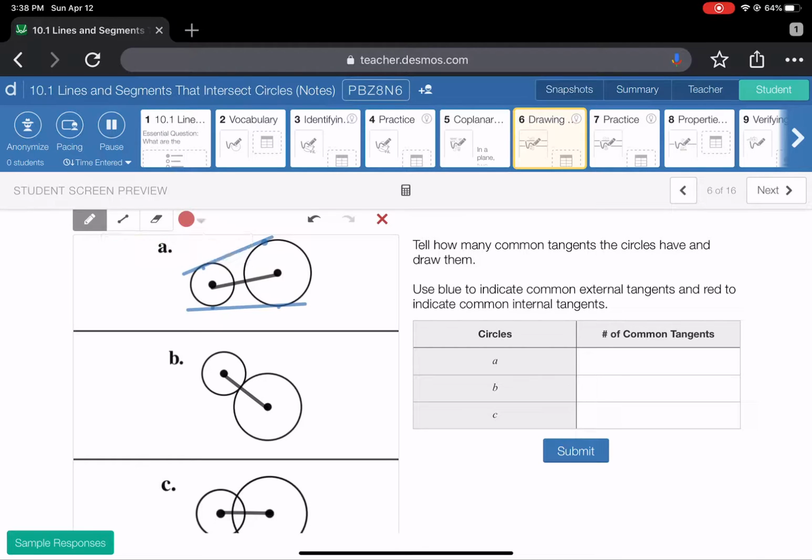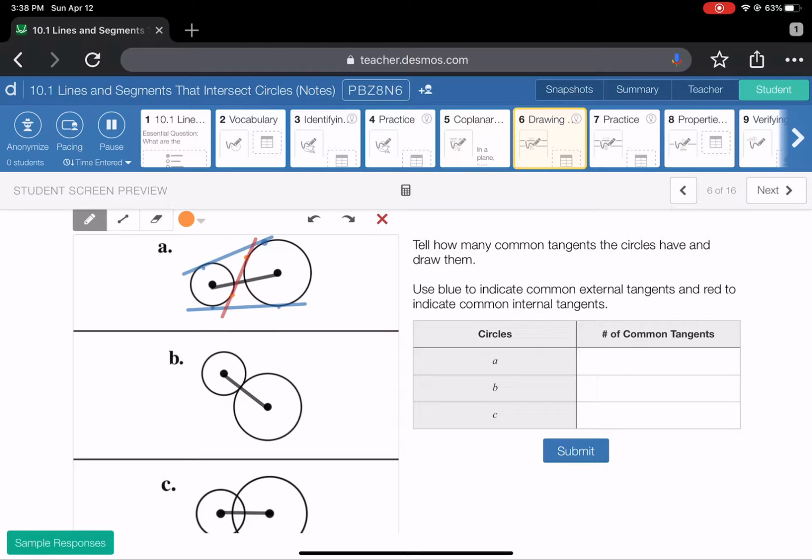So now I'm going to draw common internal tangents. An internal tangent is a tangent line or segment that touches each circle once and also crosses through that segment that's connecting the two centers. You see how here the tangent line touched the circle once, and then it also crossed that center connecting segment.